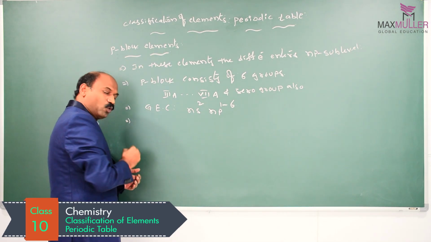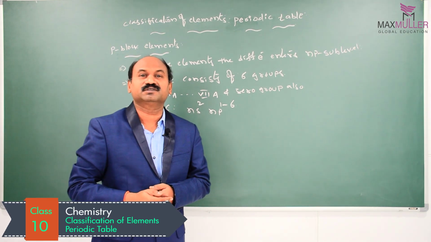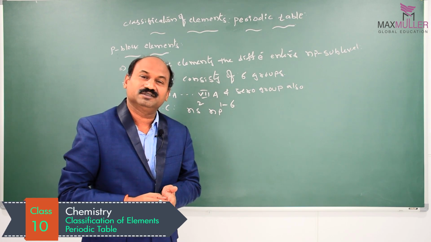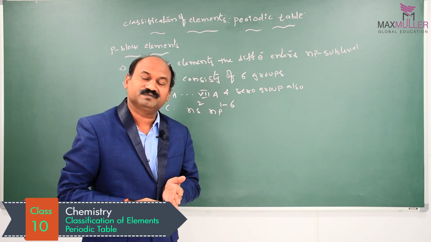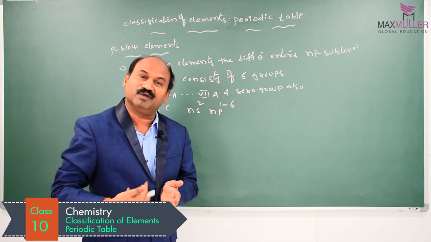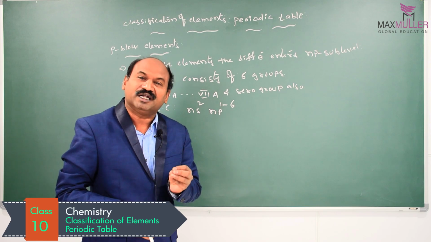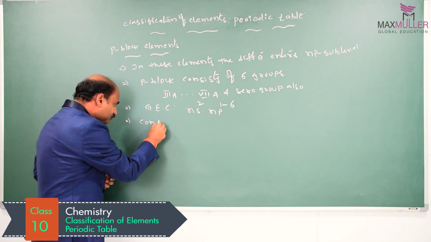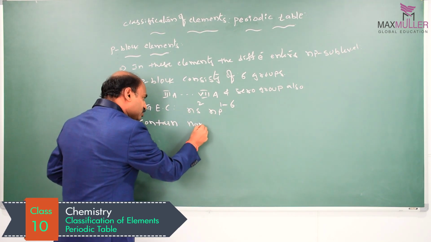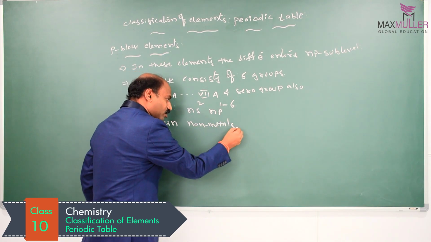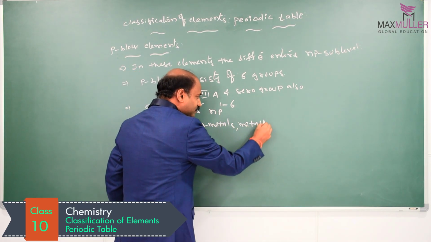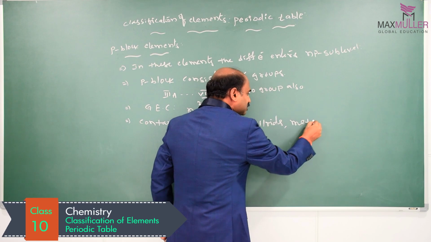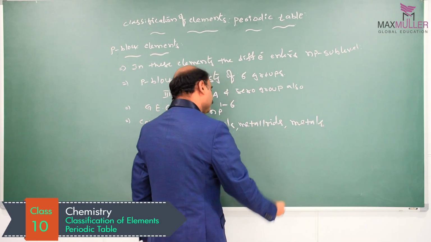Now, what is the nature of p block elements? In p block, all types of elements are there. Most of these elements are non-metals, all the metalloids, that means semi-metals, and a few metals are also present.